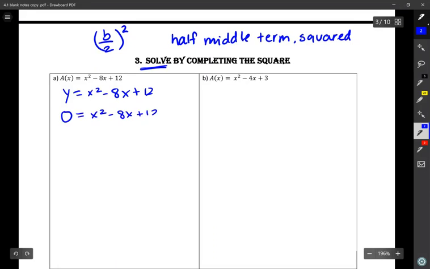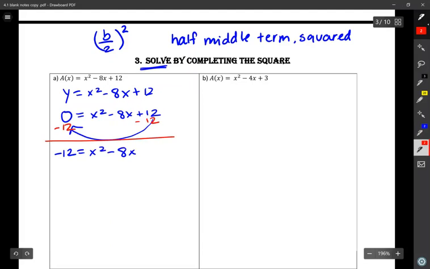And that's the only difference. We had never set it equal to 0 before when we've been completing the square. And then you want to get this over to the other side. So we get negative 12 equals x squared minus 8x because we subtracted 12 from both sides. From here, you're ready to go.